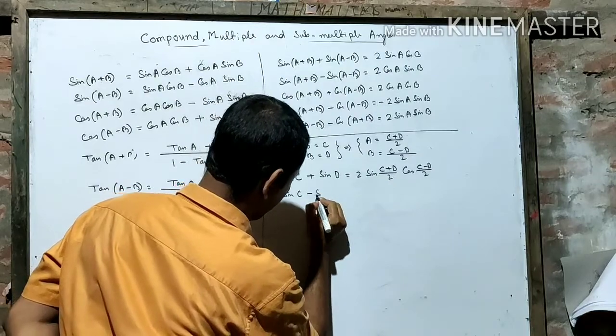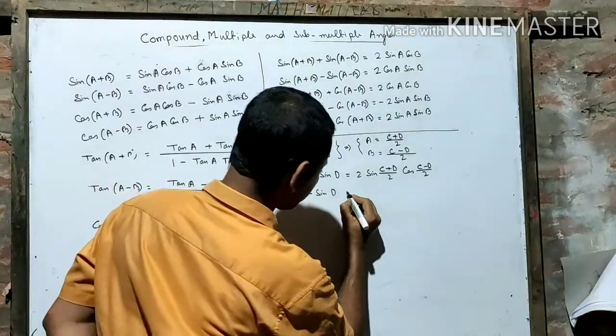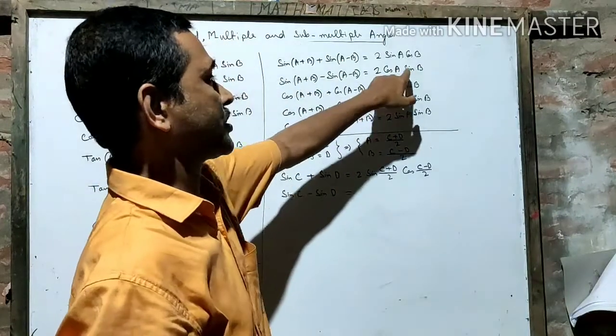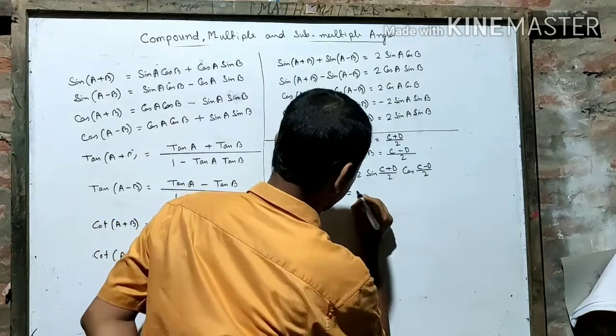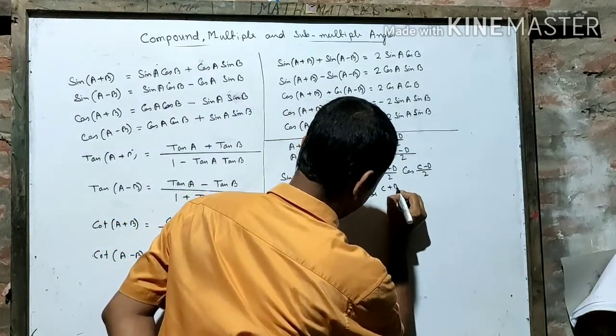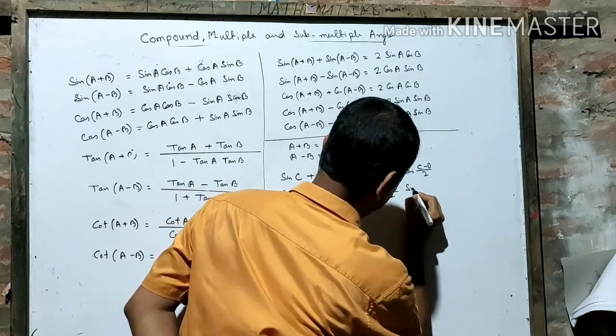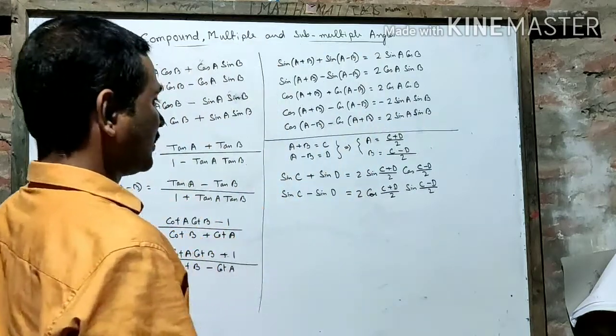Sin C − sin D is equal to 2 cos A sin B. A means (C + D)/2, B means (C − D)/2. So it will be 2 cos((C + D)/2) sin((C − D)/2).